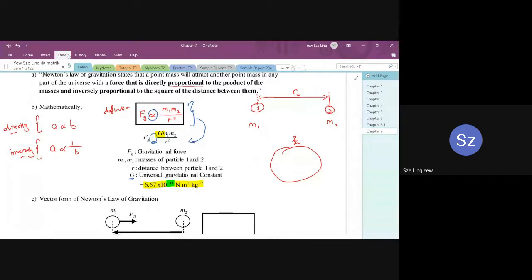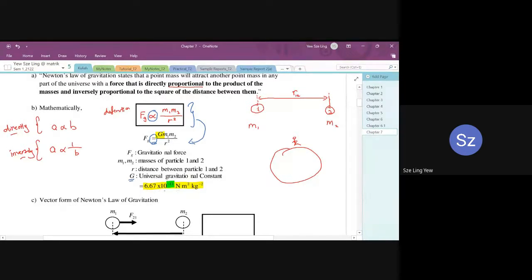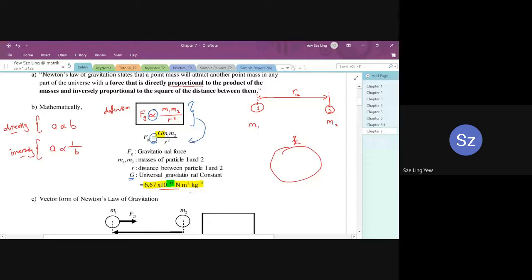So if your mass is not heavy enough, then basically you won't feel the force between you and your friends, because the force between you and your friend is very, very small due to this constant. This constant is 6.67 times 10 to the power of negative 11, which means if you want to feel the force between you and your friends, then your mass should be up to 10 to the power of 11 kg. Then you might feel a bit of it.